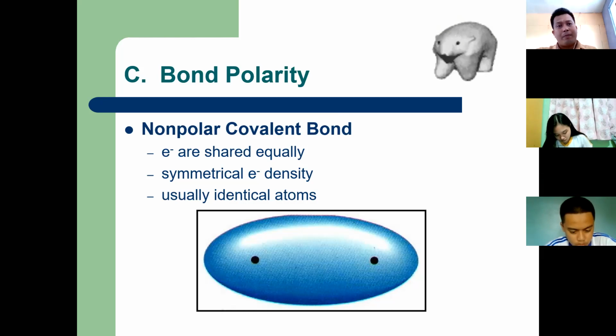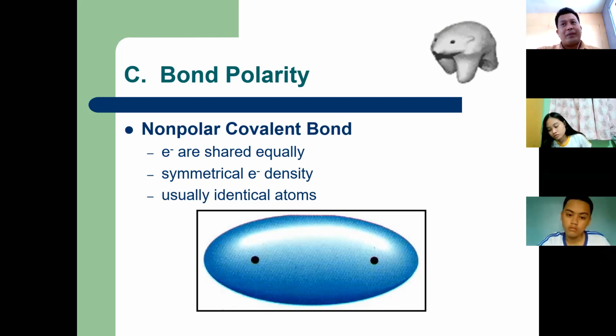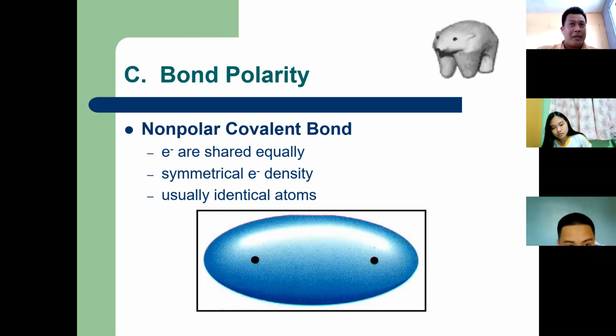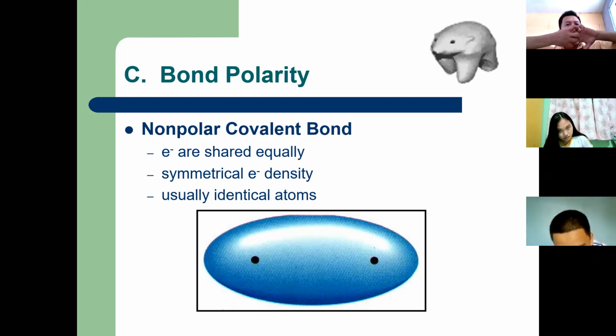That's the strength of that said element, and we determine it with the term electronegativity. Since polar covalent is sharing, there's a high chance that the two of them drag. There's a dragging force between the sharing of the electrons.